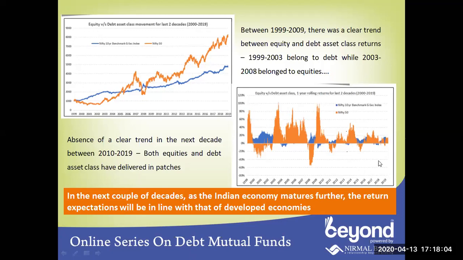Here equity is negative and debt is performing; here debt is outperforming and equity is underperforming. So there is a negative correlation between these two assets.